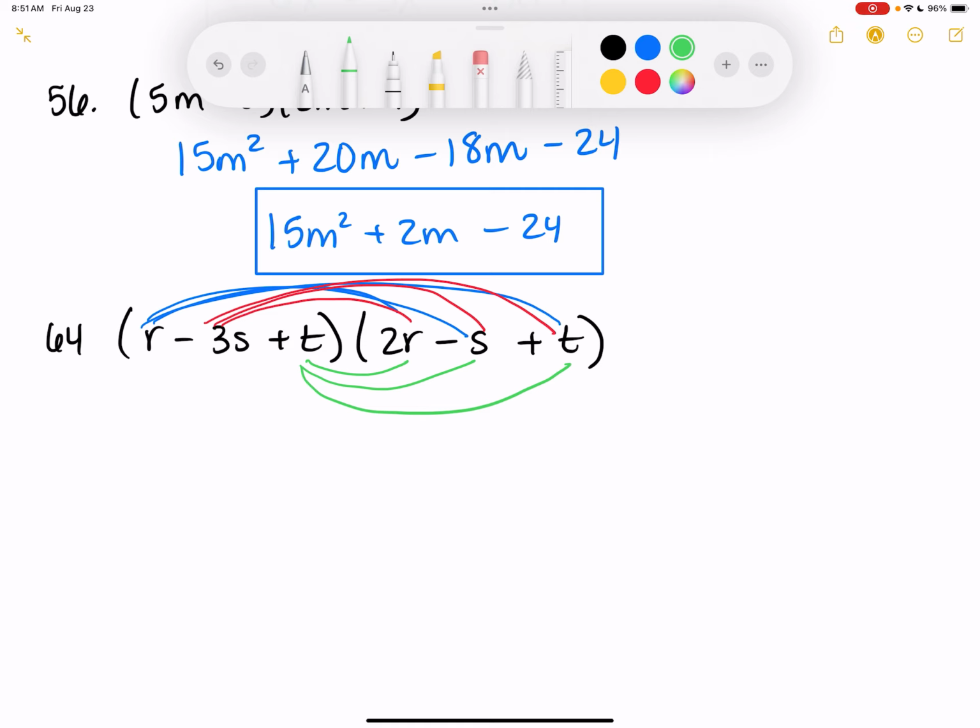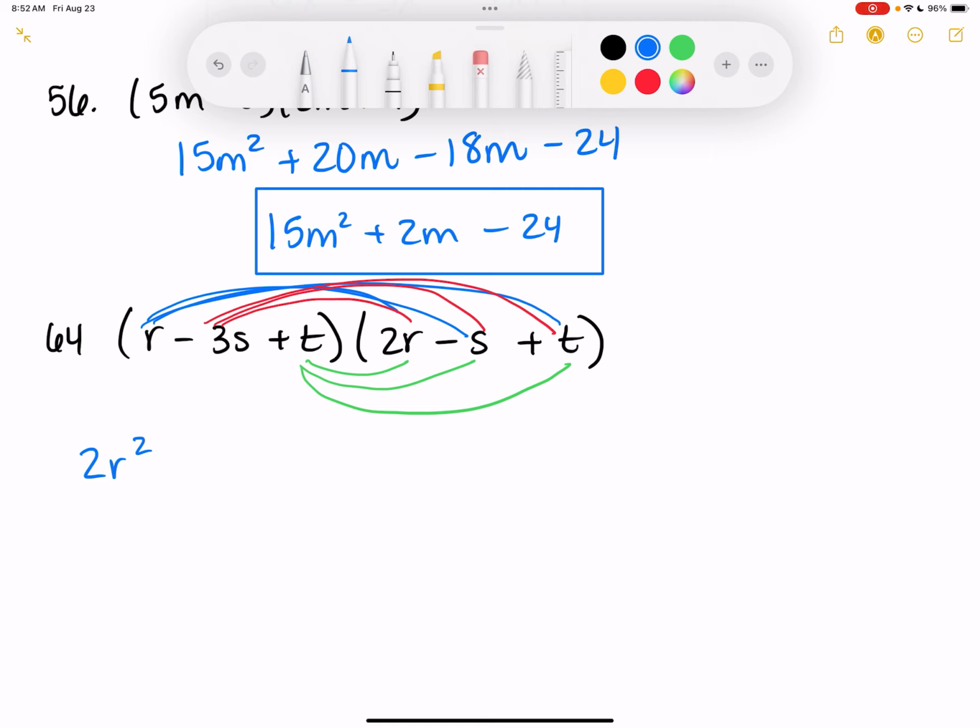But working my way across, I'm going to start with the r, multiplying it by each piece over here. That's going to give me a 2r squared, and it's probably going to take up most of a line on your paper unless you write really tiny, so start as far to the left as possible. And also, anytime we have multiple variables in a problem, when we're writing our answer, we want them written in alphabetical order.